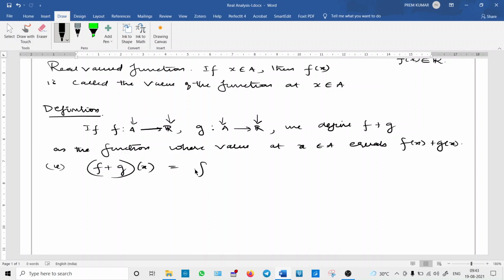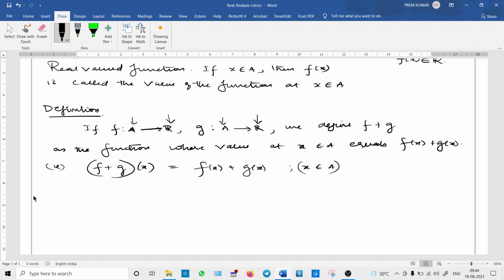It's nothing but f of x plus g of x, for every value of x belonging to A. This is how we add two functions. Simply add the function values at the common point from the domain. Very important, they should be in the same domain. Both the functions should have the same domain, and both are real valued functions. Then only this definition holds.